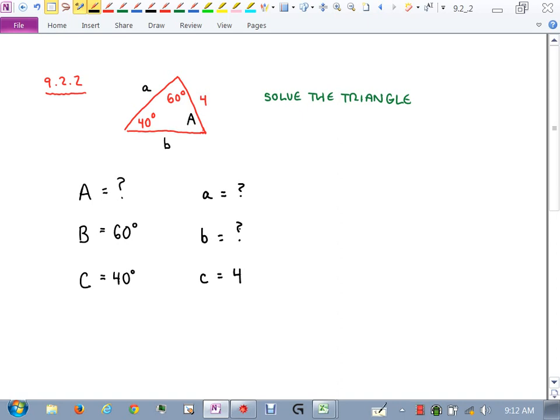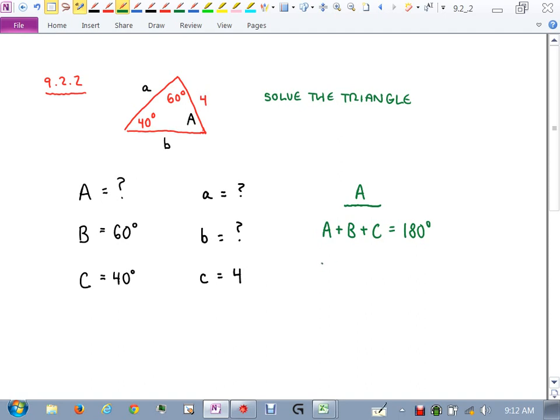Now we said about angle A, how are we going to get this? Well, I know that angle A plus angle B plus angle C must be 180 degrees. On all triangles, that's true.